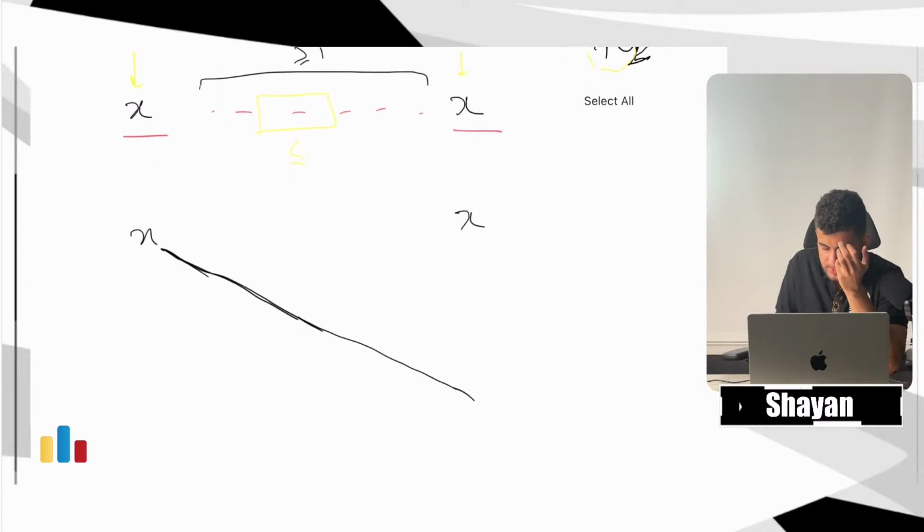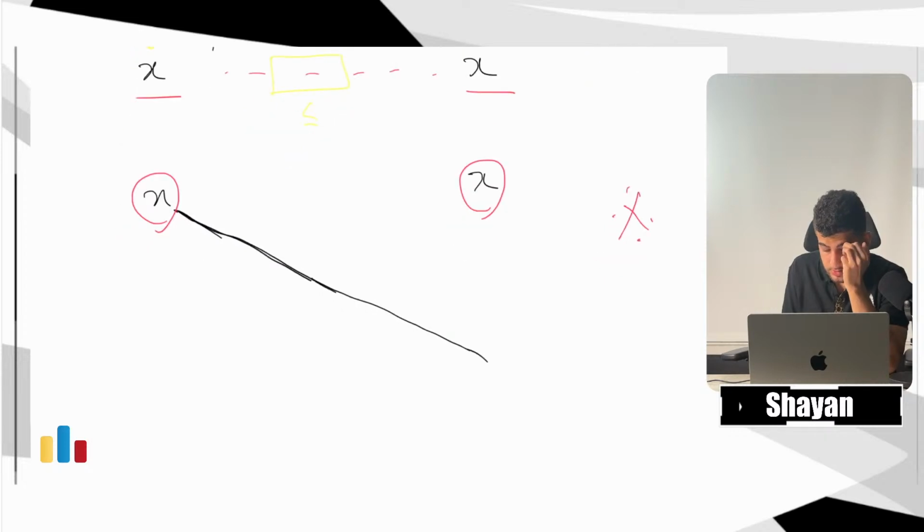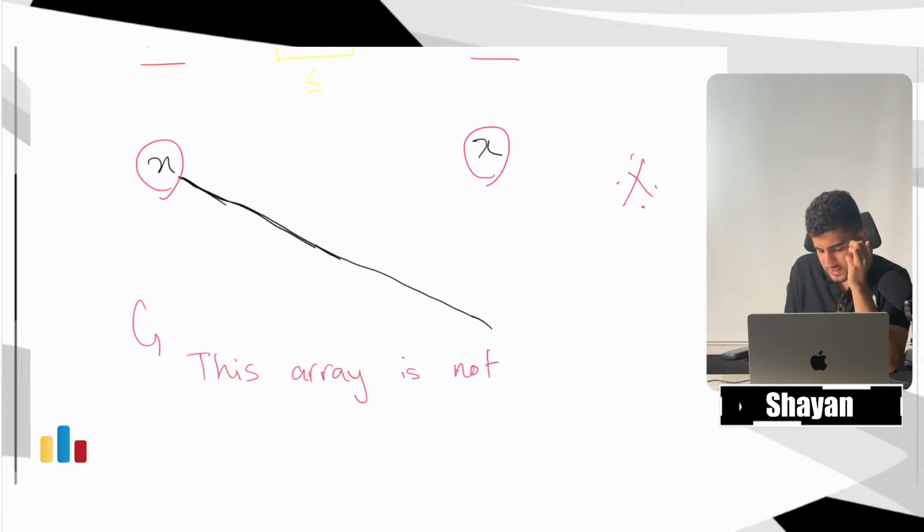But I see that the first and the last elements are the same, so this is not possible. This is a contradiction. So this array is not strictly decreasing.